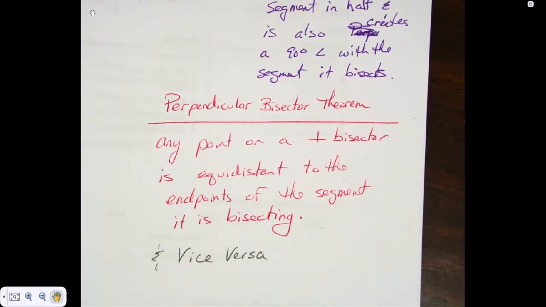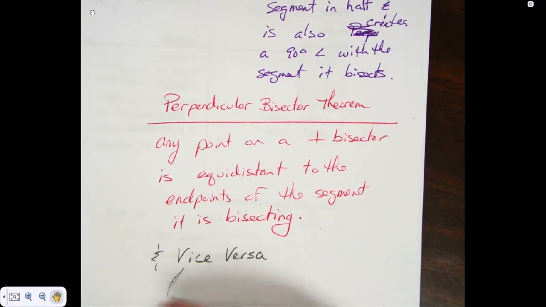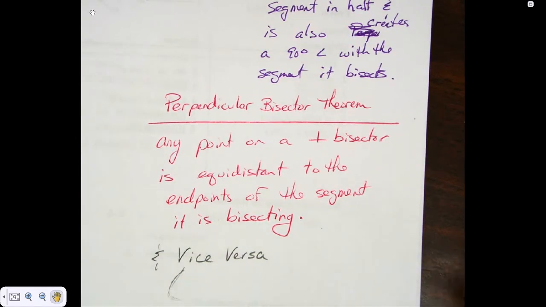And if you look in the book, what is underneath the perpendicular bisector theorem? Somebody tell me. Turn to the section. Section 6.1.